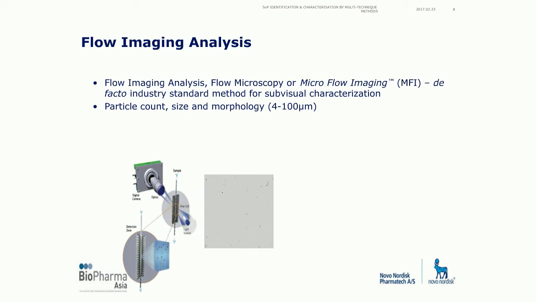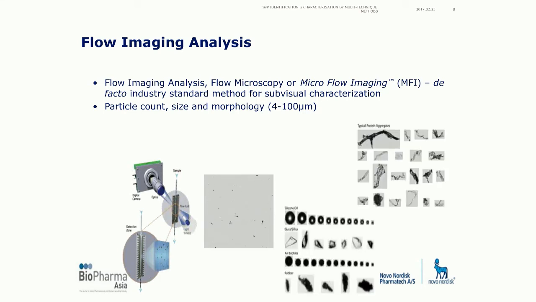The method is based on having a flow cell where you pump your liquid through. You then have optics and cameras, a light source that enables you to image what passes through your flow cell. Using these images, you could then classify them into either silicon oil, glass, air bubbles, small pieces of rubber, or protein aggregates.